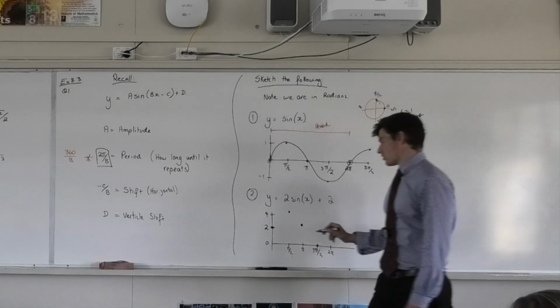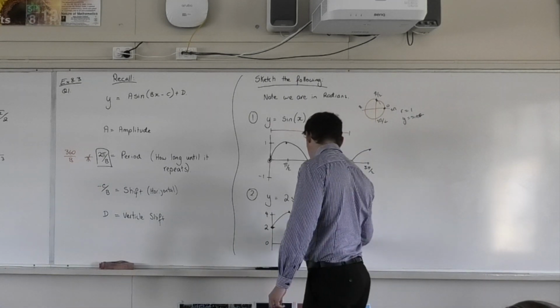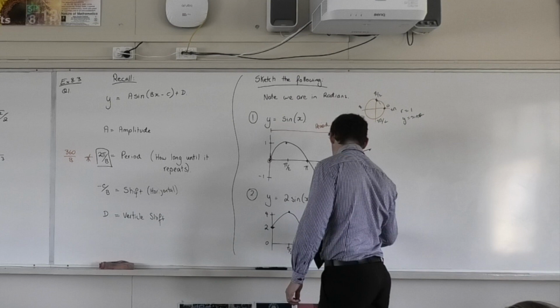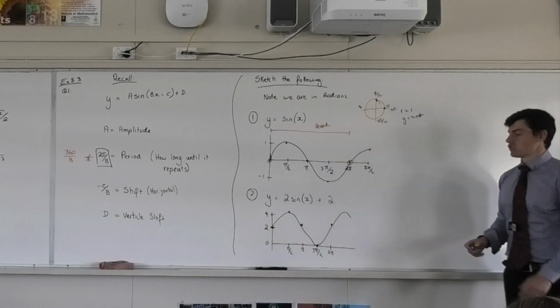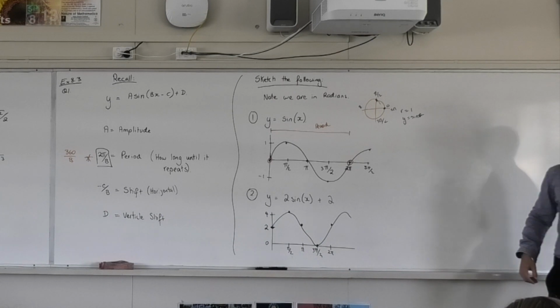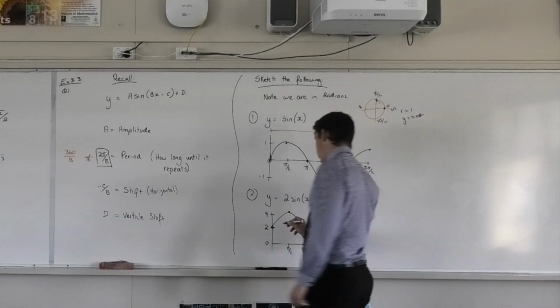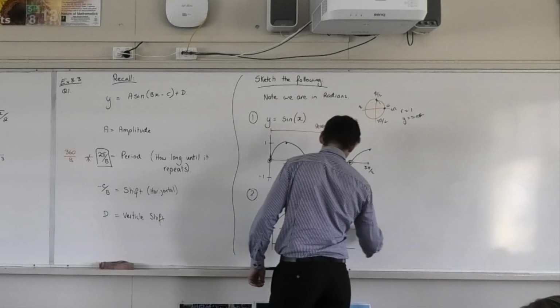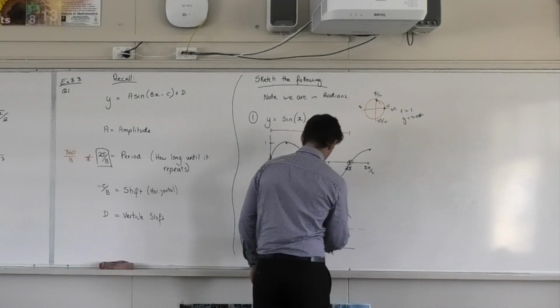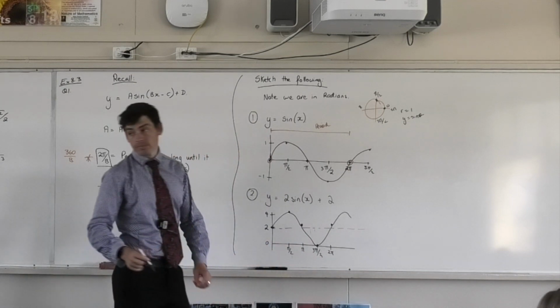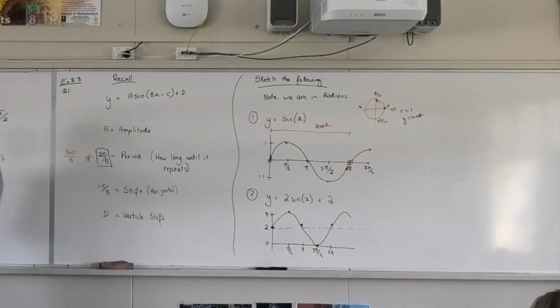If I connect the dots, it's going to look something like this, correct? Keep going on. Do those functions look similar? Yes. The only thing that's changed is I've moved my midpoint up 2 places, correct? And I've stretched it a little bit more.